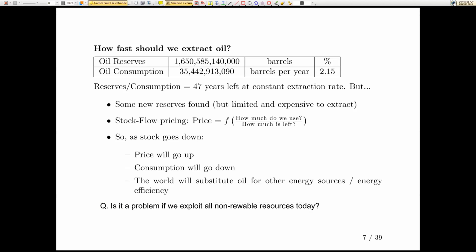Is this a problem like pollution is a problem, for instance? Does somebody have an opinion about this? Because that's something a lot of people worry about. They say, well, now we're just burning all the oil and there's nothing left for future generations.